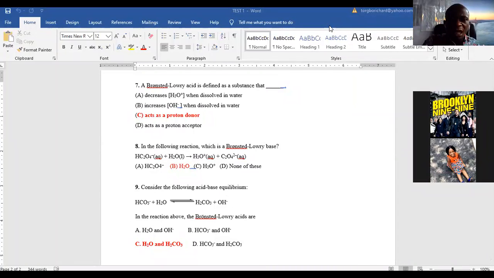So water then becomes the Bronsted-Lowry base because it has accepted a proton to become hydronium ion. It makes water the Bronsted-Lowry base in that reaction. So B is the right answer for question number 8.